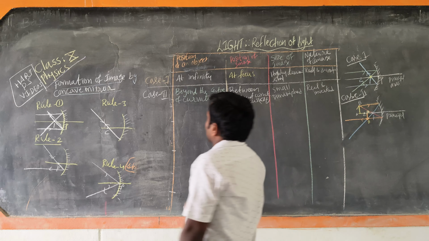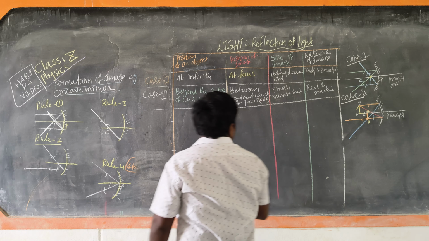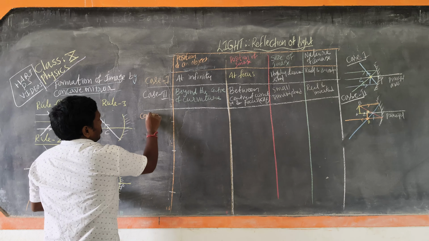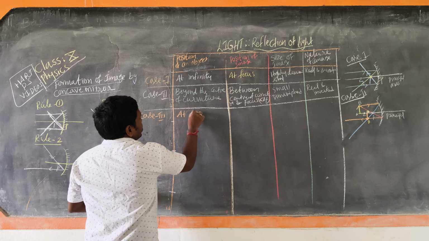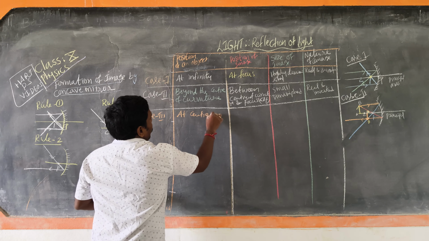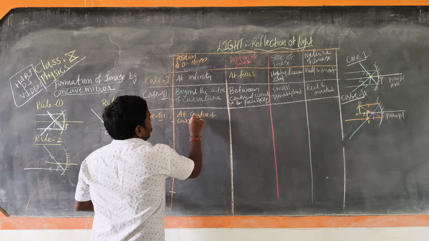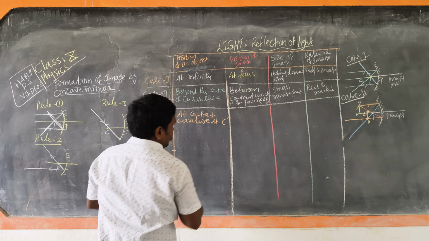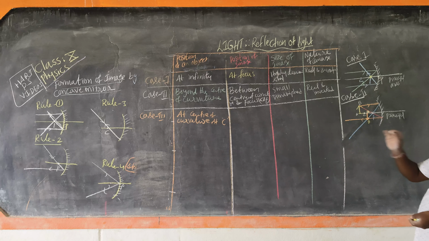So then case 3. The object is at the center of curvature, that means at C. What happens if the object is placed at the center of curvature?